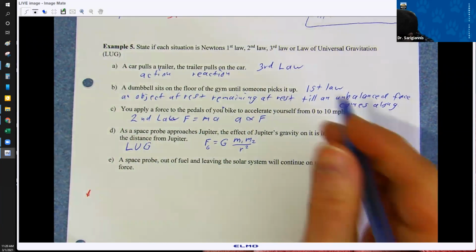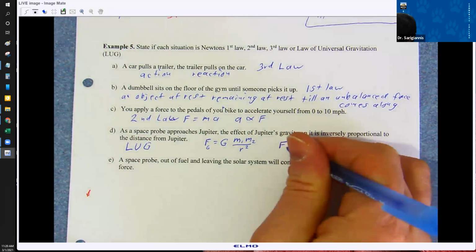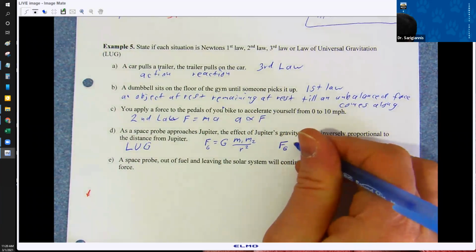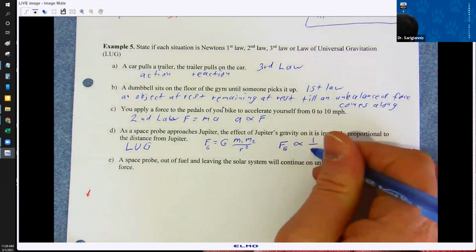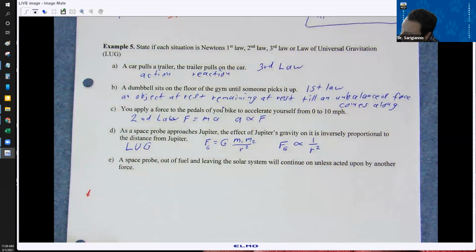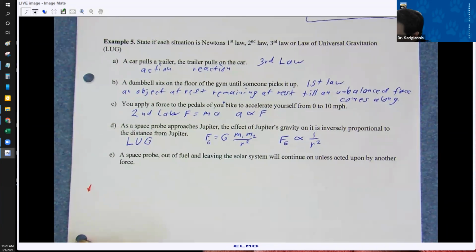So everything remaining constant, the force of gravity is inversely proportional to 1 over distance squared, right? So that's where it comes from, the law of universal gravitation.